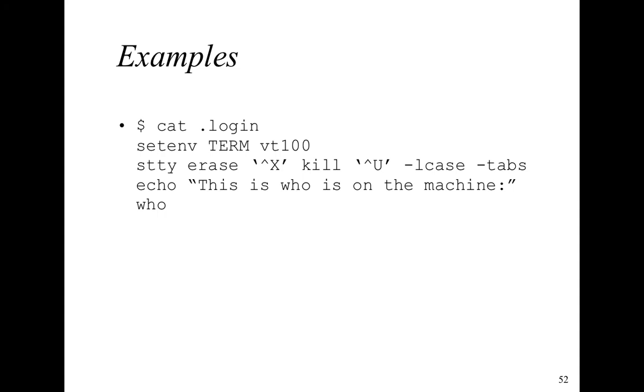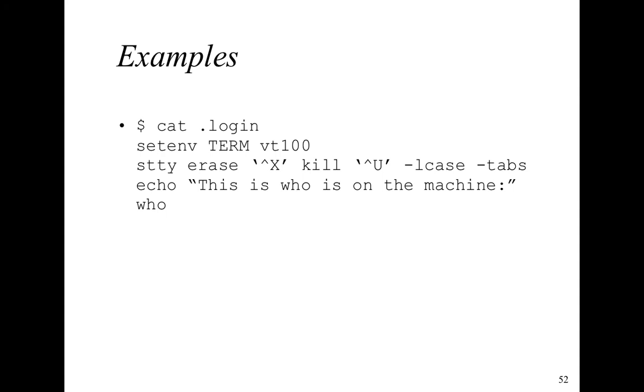So here's an example of a shell script. If we typed in, let's say for example, the login script and printed that out to the screen, we can see we have the set environment for the terminal window to VT100. stty could set erase or kill, for erasing or changing or not allowing certain commands, or removing stuff.